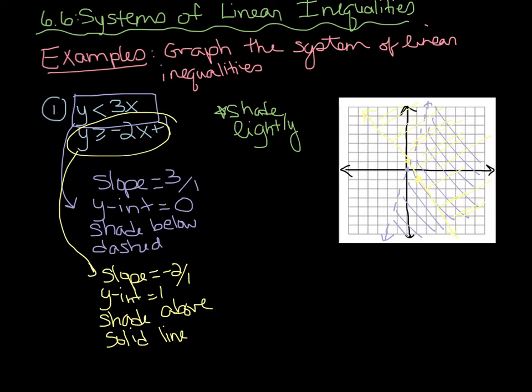So this graph to me looks kind of messy, but actually I'm going to use a different color, or if you have pencil, you could just make it darker at this area. And I'm going to shade in the solution. So the solution is going to be where the two areas or the two regions intersect.